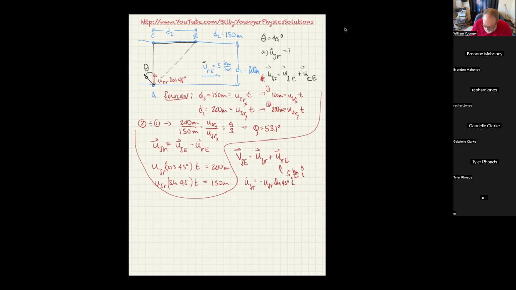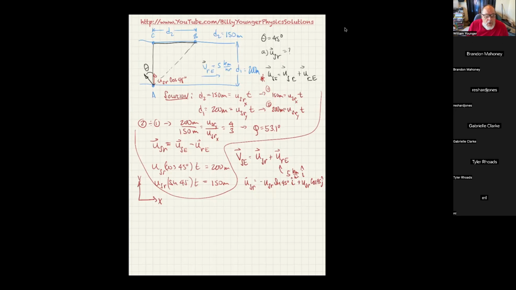And then the velocity of the swimmer with respect to the river in the y hat direction is just going to be the velocity in the y direction, which would be positive U_SR cosine 45. And that would be in the j hat direction. I'm basically saying my coordinate system looks like this: this is the positive x, this is the positive y. So that should be it.